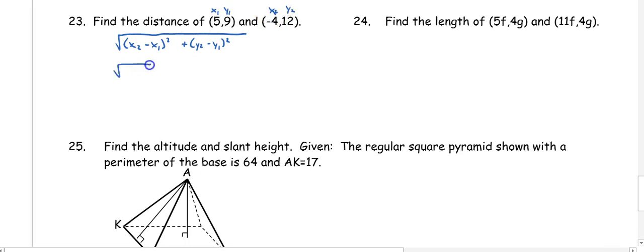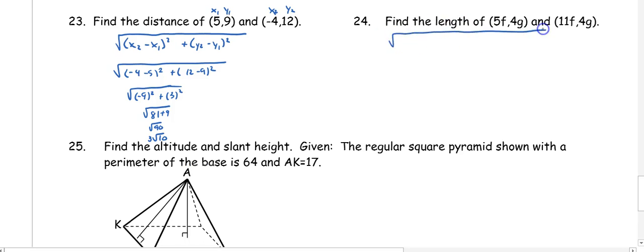When I go to put them into my equation, I would have negative 4 minus 5 squared plus 12 minus 9 squared. So that would get us negative 9 squared plus 3 squared, which would get us 81 plus 9, which is the square root of 90, and that can be simplified to 3 root 10.